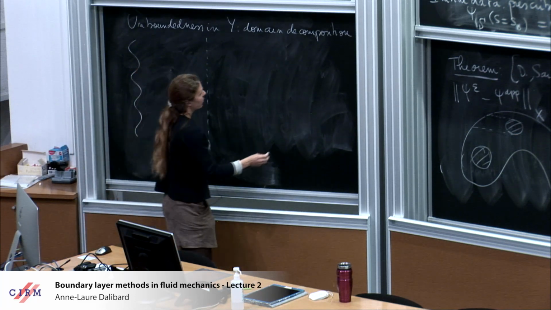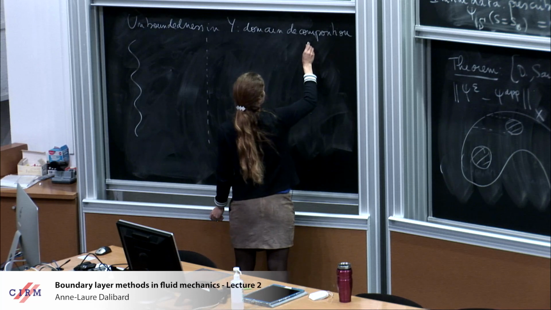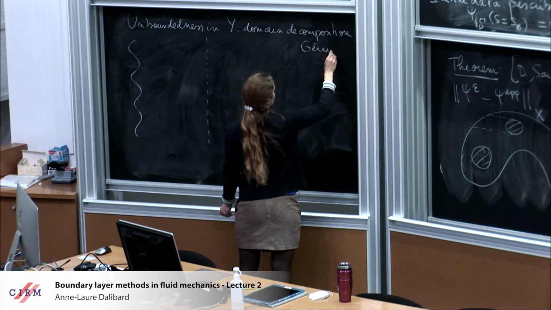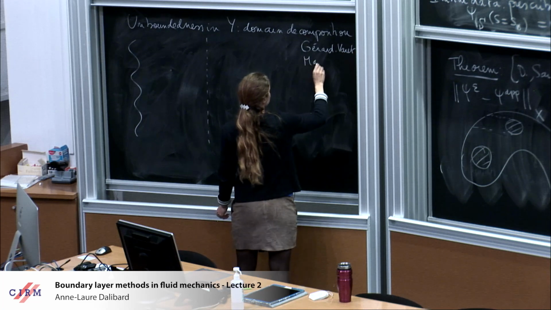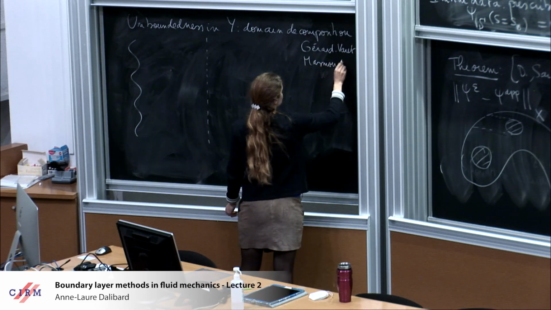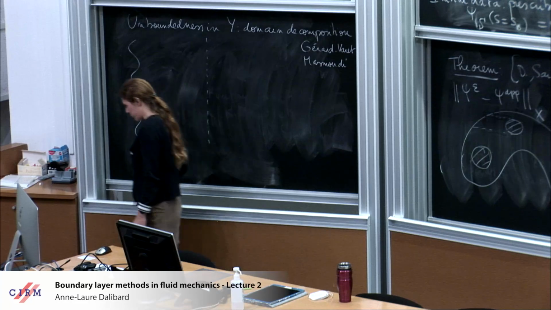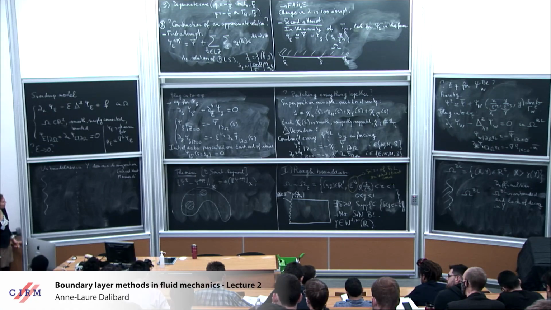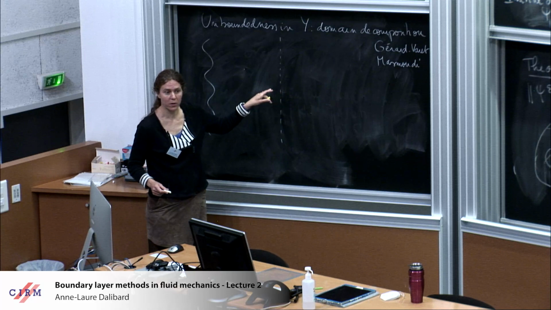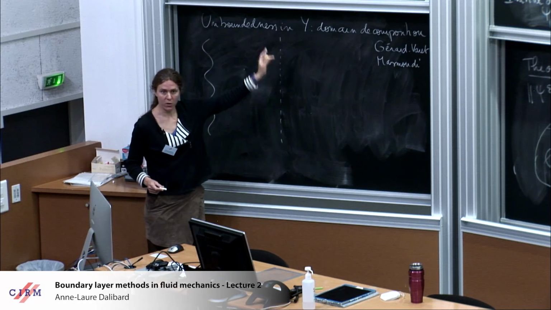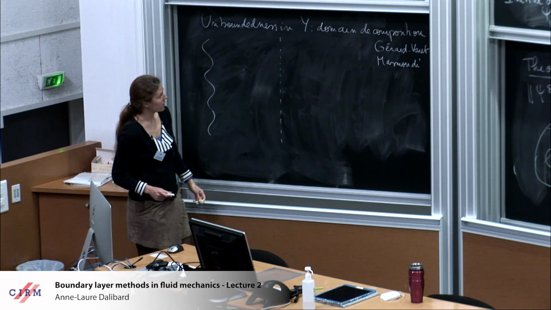This idea was introduced by David Gerard-Varret and Nader Masmoudi for the Stokes system. It's also an idea that is used quite frequently in numerics to work with a bounded domain. The idea is to use a transparent boundary condition on this dashed line.